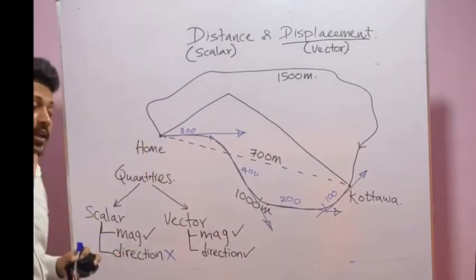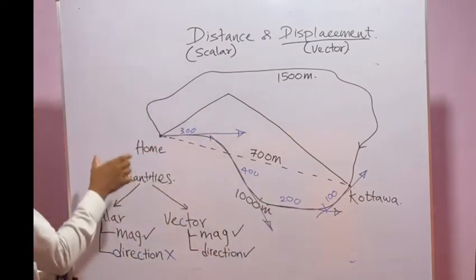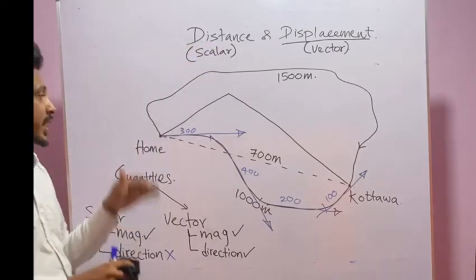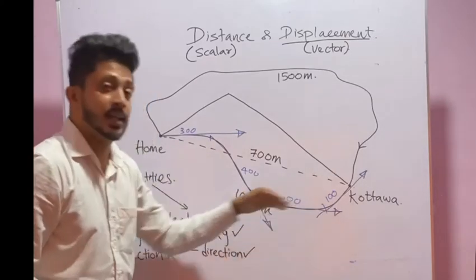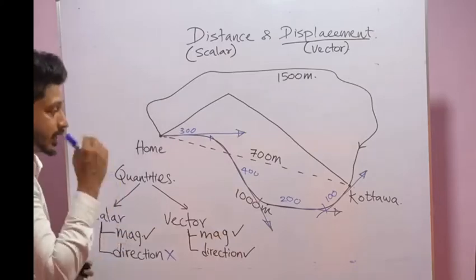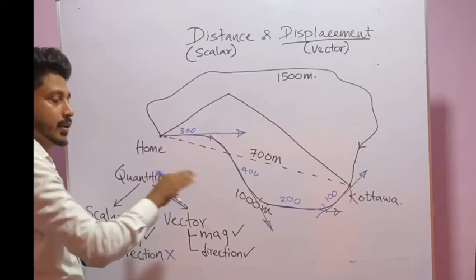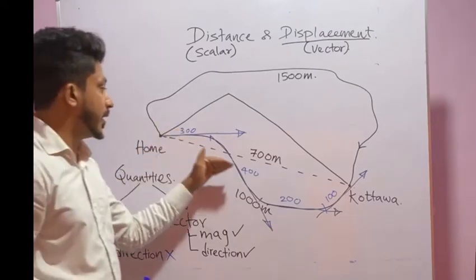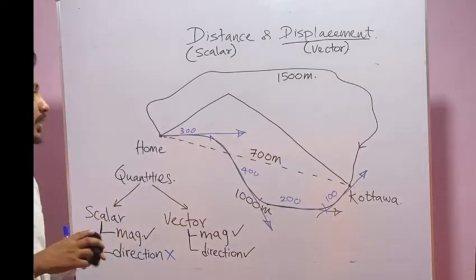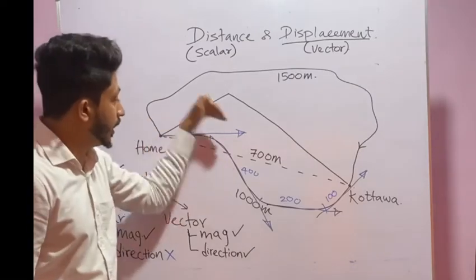That is why I told you that direction cannot change anything to scalar quantity, to distance in this scenario. This direction does not make any change to the distance. Whatever the direction I travel, they don't consider it. They just add those figures together. So distance does not depend on the direction.